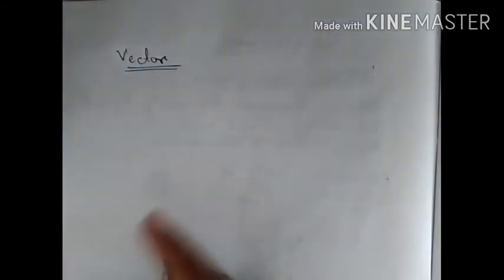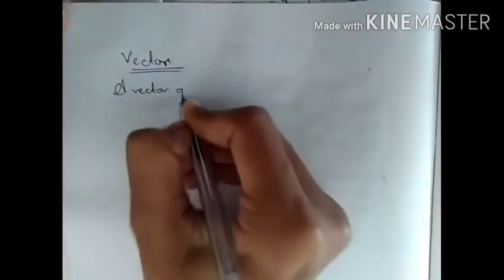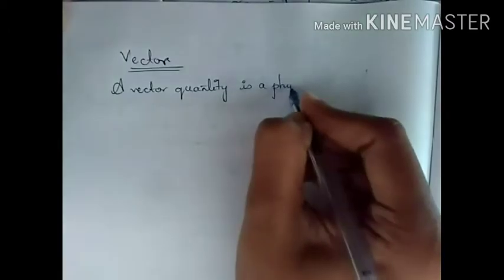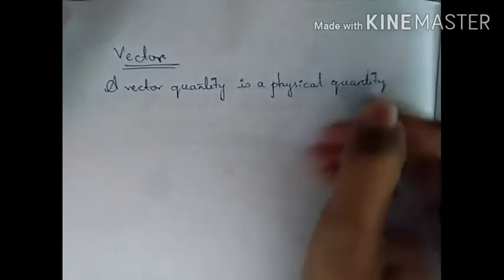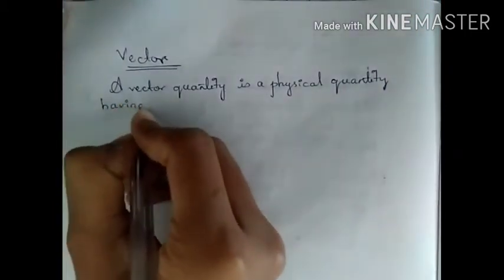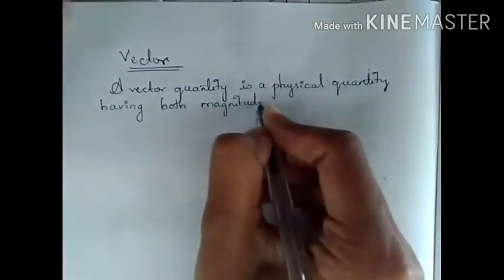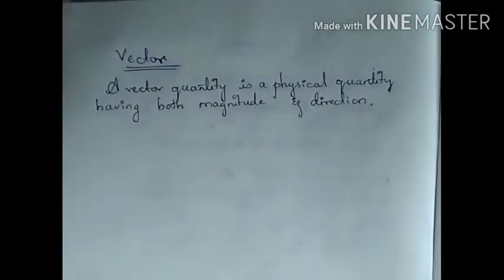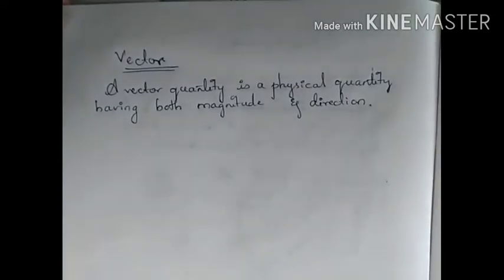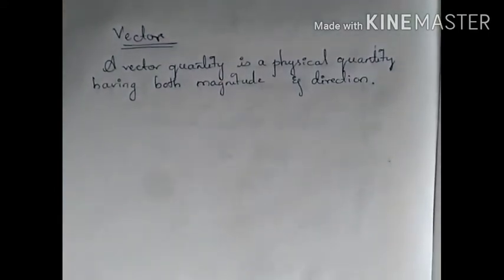So the next is vector. A vector is a physical quantity which has both magnitude and direction. So these quantities with the magnitude will have a specified direction.